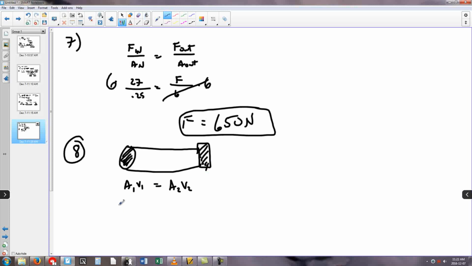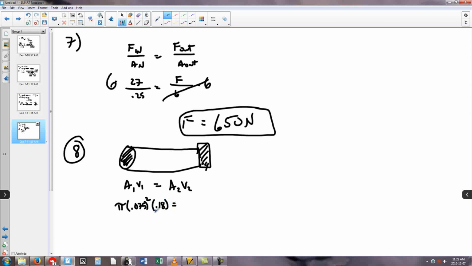Okay, so the area of the first, because it's circular, it says it has a radius, and it says circular. We're going to do pi times r squared. It says it has a circular opening with a diameter of 15 centimeters. That means it has a radius of 7.5 centimeters, or 0.075 meters. Pi r squared times it had a velocity of 18 centimeters per second. That's 0.18 meter per second.